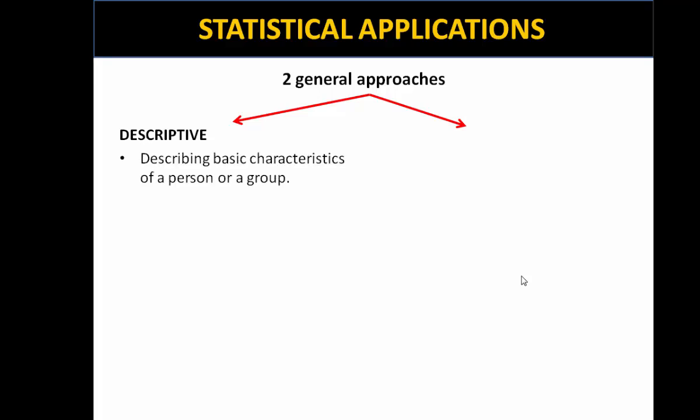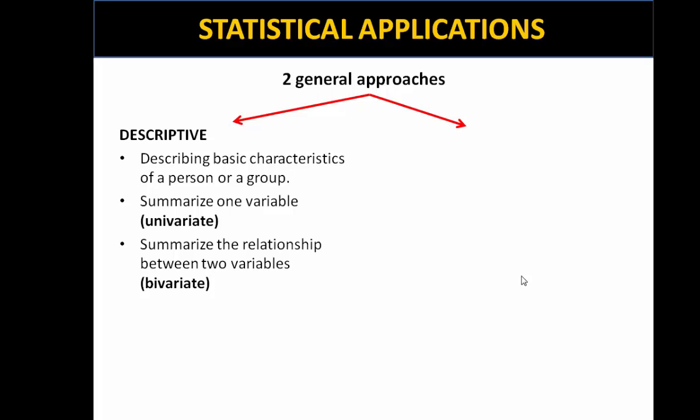And these are values, numbers that describe the basic characteristics of a person or a group. We can summarize one variable, such as age. So if our interest is the average age of students at the University of Guelph, we would describe that study as being univariate, one variable.